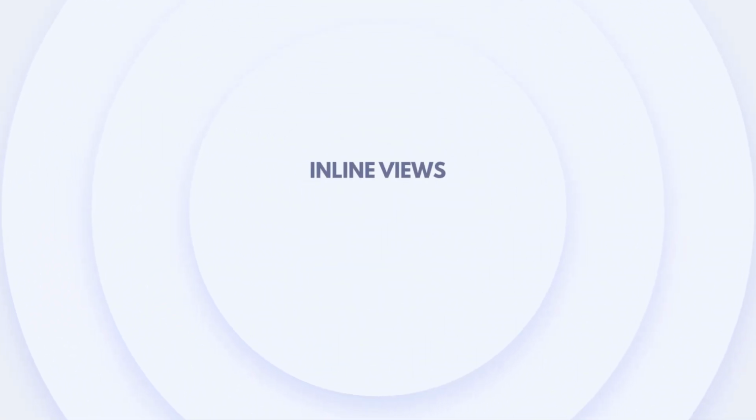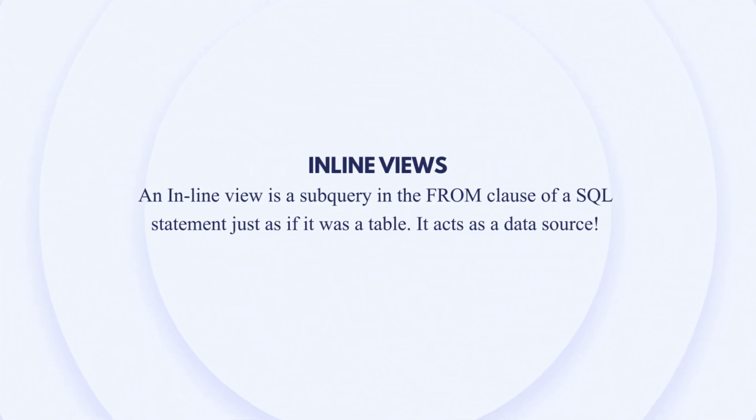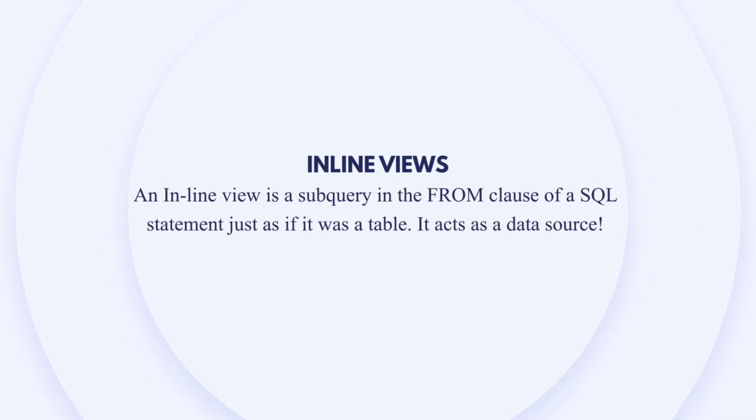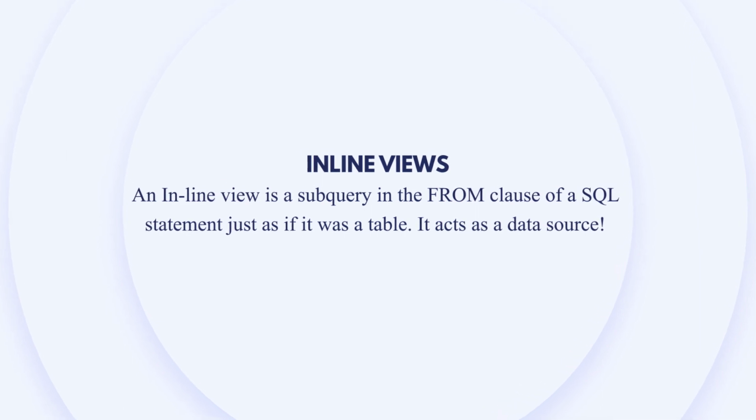Let's work on an inline view subquery. An inline view is a subquery in the from clause of the SQL statement. Just as if it was a table, it acts as a table source. Let's suppose we want the employee's salary and the minimum salary in their department.